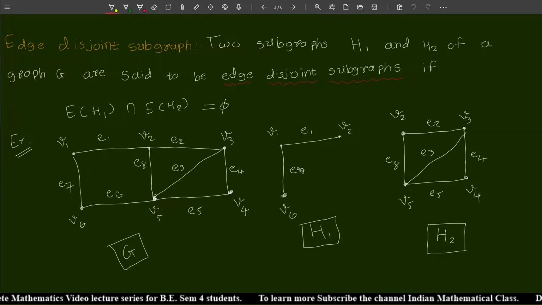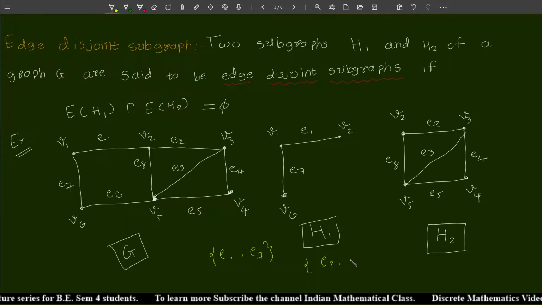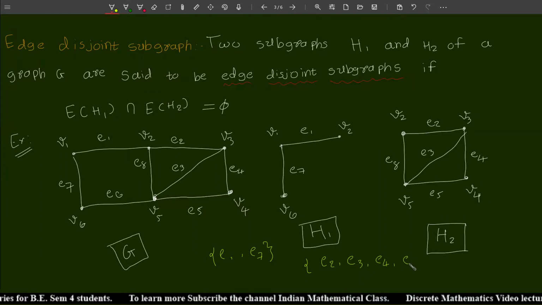Now the edge set of H1 is E1 and E7, and the edge set of H2 is E2, E3, E4, E5 and E8.